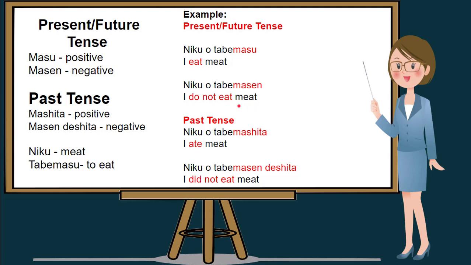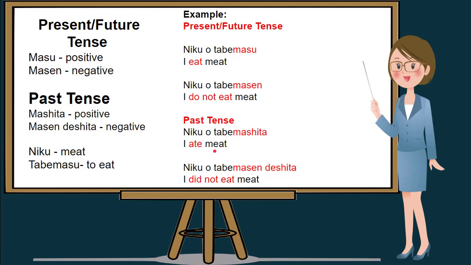Okay, let's try to make a past tense sentence. For the first one, we will make a positive past tense sentence. And to make a positive past tense sentence, we will be using mashita or tabimashita, which means in English ate. So if we read niku o tabimashita, in English, this means I ate meat.